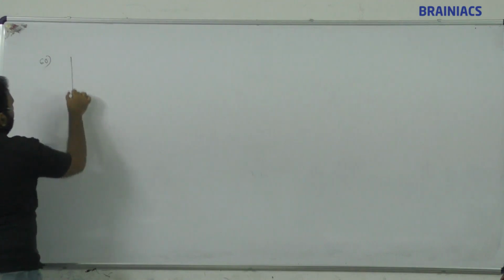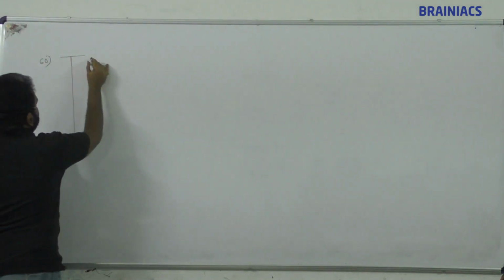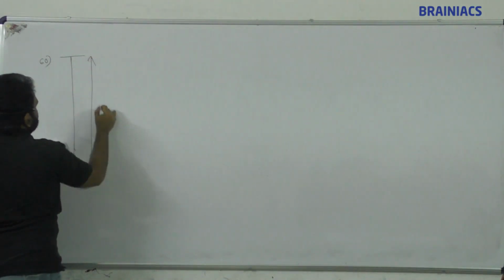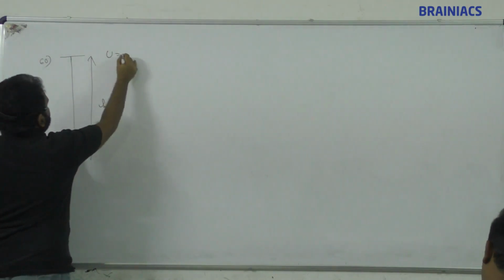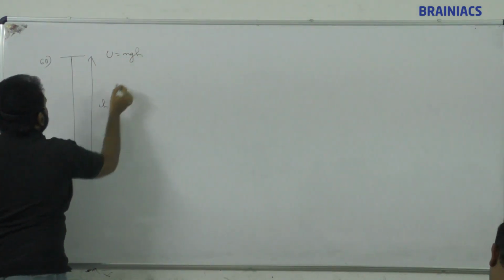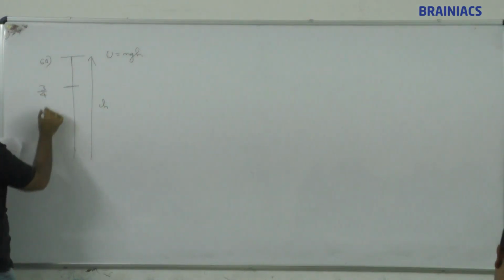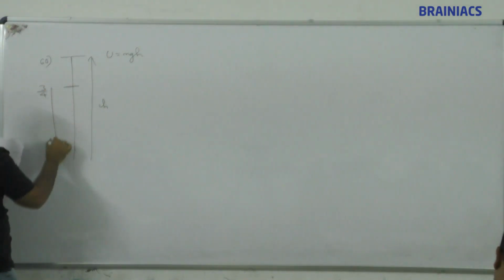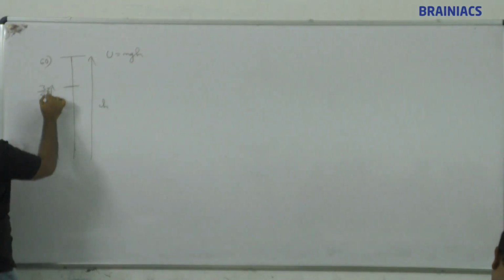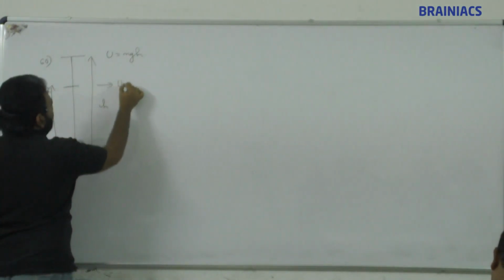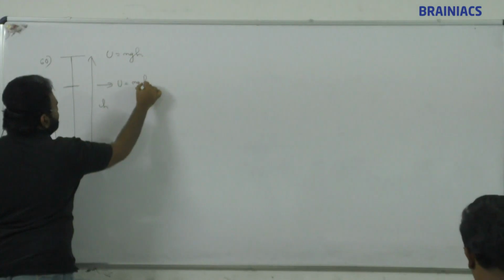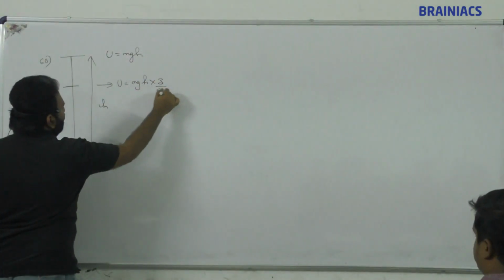Okay, so at the full height h, the potential energy will be what? mgh. So at 3 by 4 h, the potential energy is going to be what? mgh into 3 by 4.